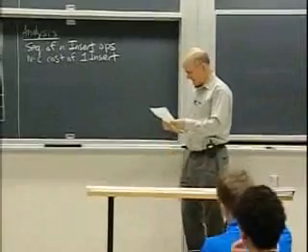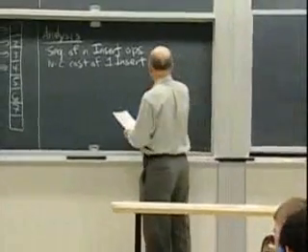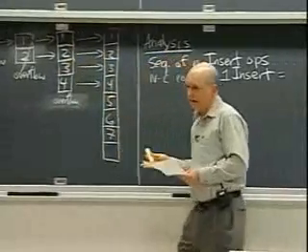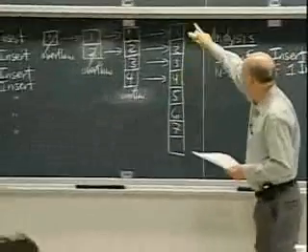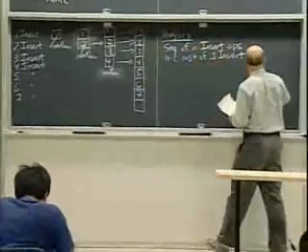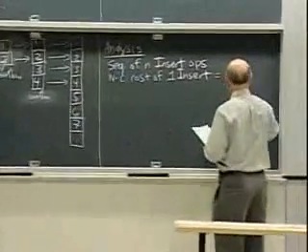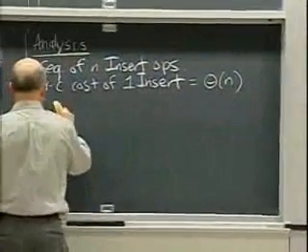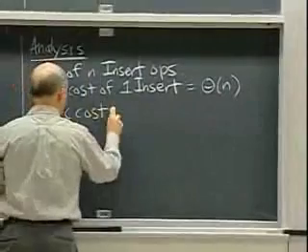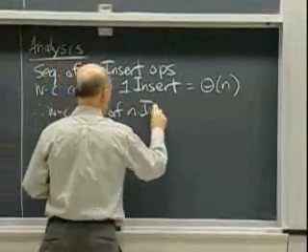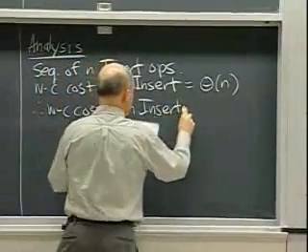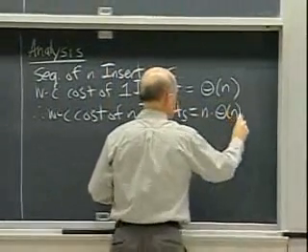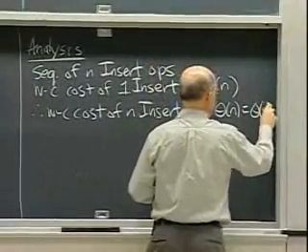Yeah, it's order n. Whatever the overhead is of copying. If we counted it as 1, it'd be basically n, or n plus 1, because we've got to copy all those. So it's order n. So therefore, if I have n of those, the worst case cost of n inserts is equal to n times order n, which is order n squared.